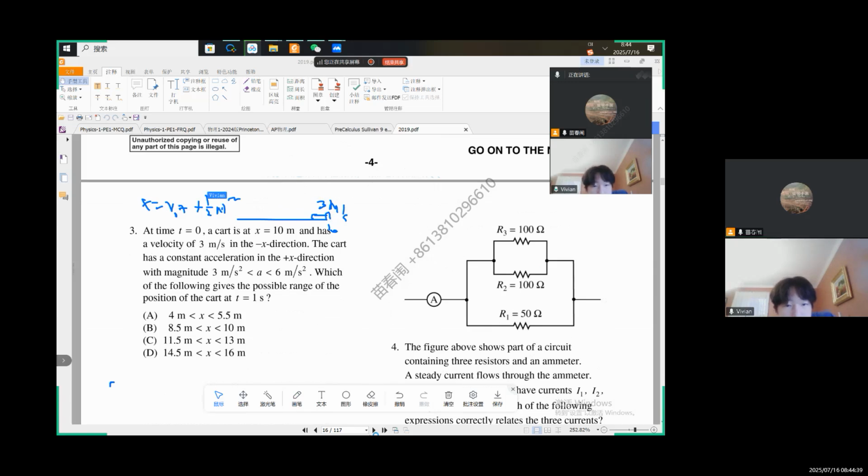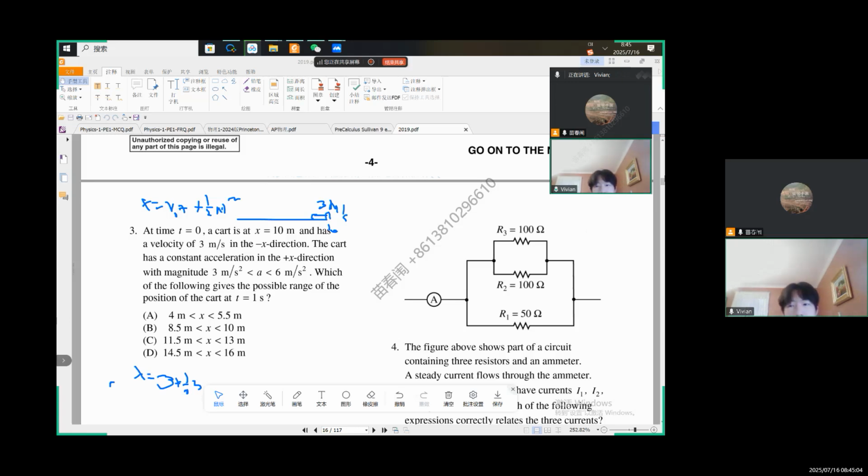So time is 1, so then 1 times 1. So x equals 3 plus 1 half 3 times 4.